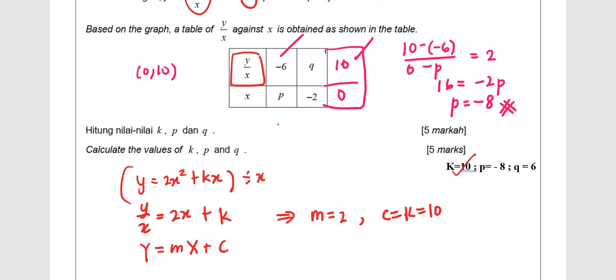Okay, settled. Now for q it's the same. I take q minus 10 because it is easier. Make your q, the unknown, always taken first and minus the other side. Negative 2 minus 0 equals 2. So q minus 10 is equal to negative 4. Q is equal to 6.